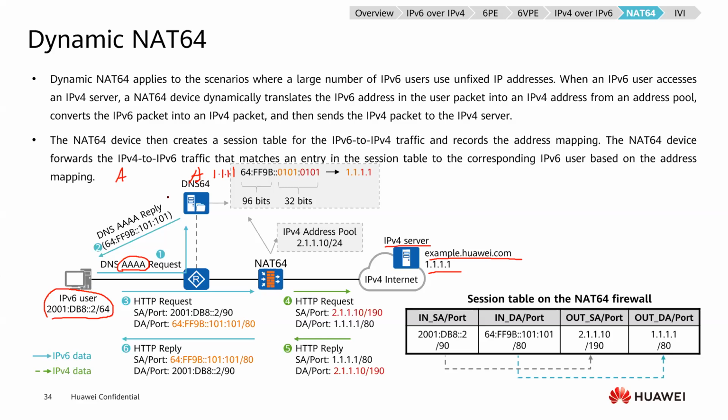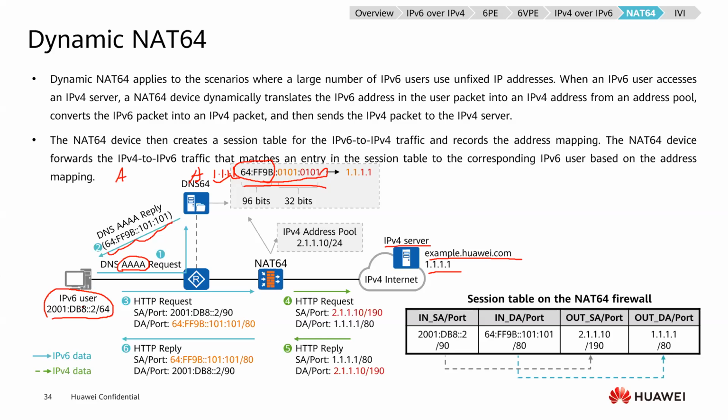This DNS is also a special DNS that you need to configure in advance. So it will recognize this as a NAT64 IPv4 address and use the well-known prefix to change the IPv4 address into a NAT64 IPv6 address, just like this. It will reply to the AAAA request with this IPv6 address.